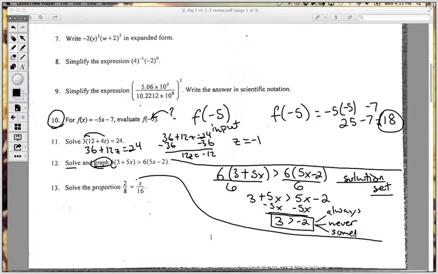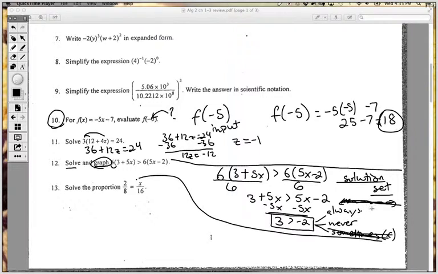The sometimes is not even in here because sometimes we'll have an x in there. So that one's out. There's no x's. It's just 3 is greater than negative 2. That's always true. And if it's always true, then I just have a graph that goes over every number. It's shaded in the whole way, all across the number line.